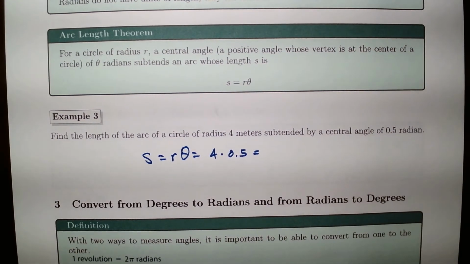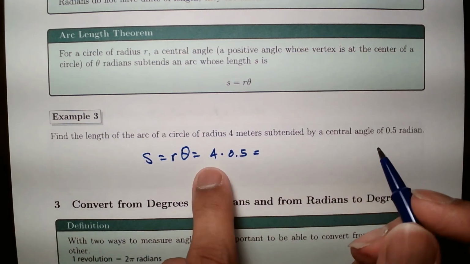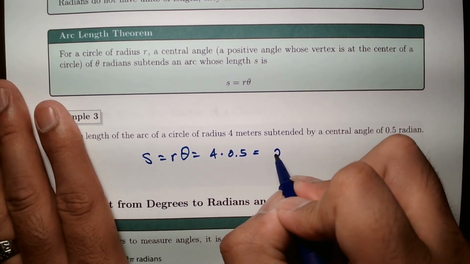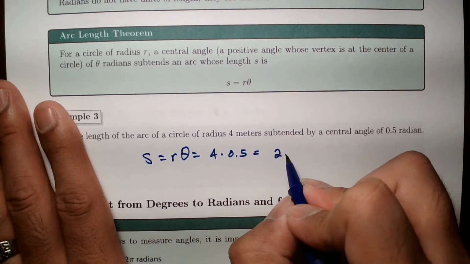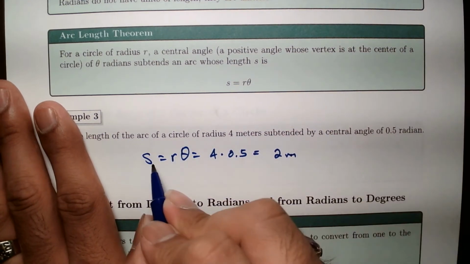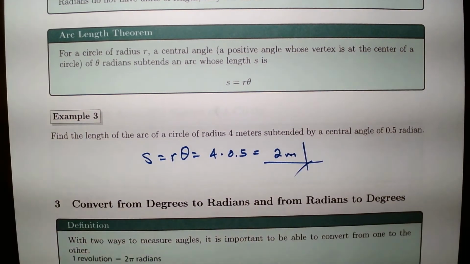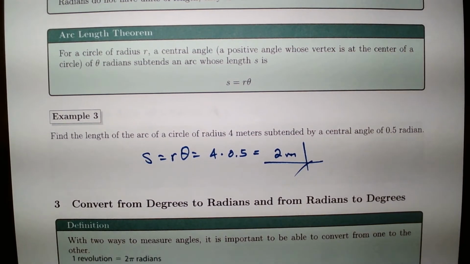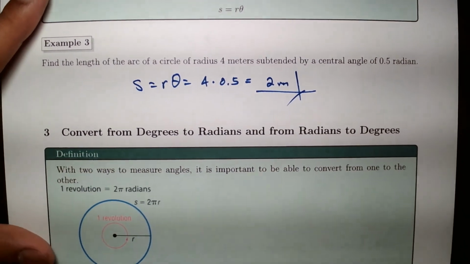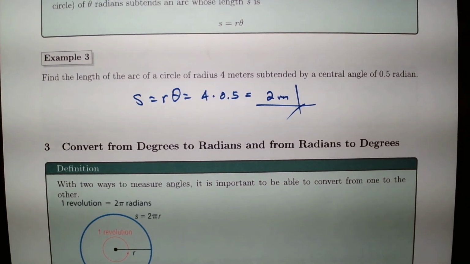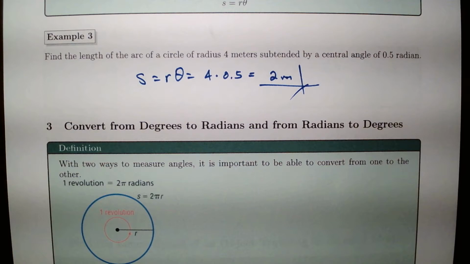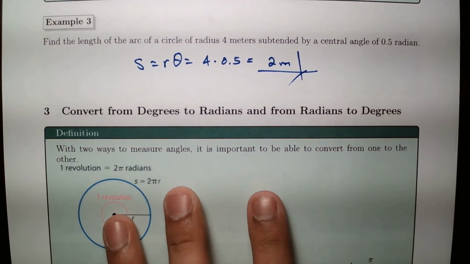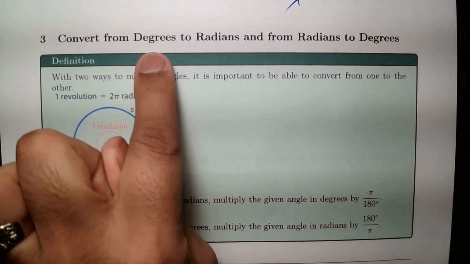That's simply 4 times 0.5, that's 2 meters, actually, because in this case it's the arc length. So the arc length has units.